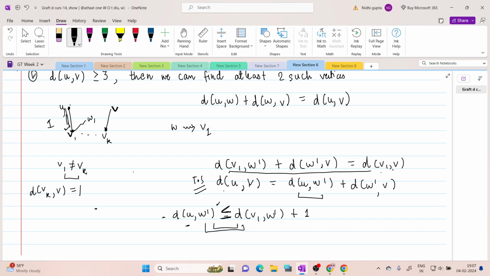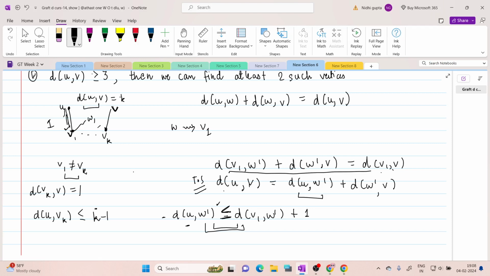If d(u,v) is equal to k, then from this we get that d(u,vk) is less than or equal to k minus 1, but it cannot be strictly less than k minus 1, because if it is, then we are getting a shorter path.